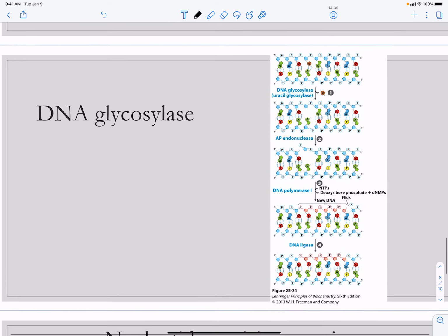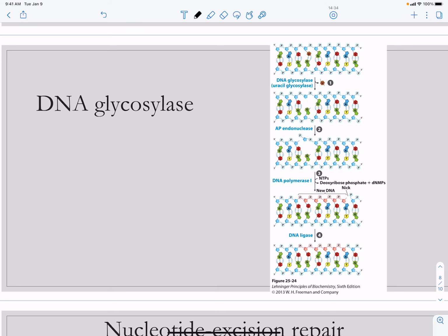And so for our DNA glycosylase to fix this, it's going to have uracil glycosylase, specific for uracil, which is going to find uracil in the DNA.